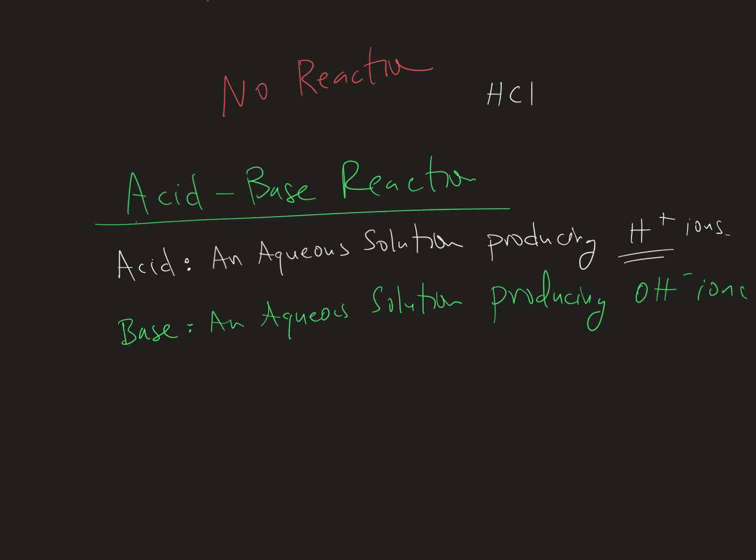For now. We're going to get a little bit deeper into acids in chapter 10, acids and bases. But for now, this is it. What did we call acid-base reactions last time? Neutralization reactions. Okay.